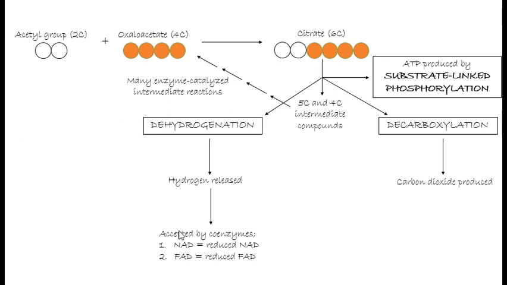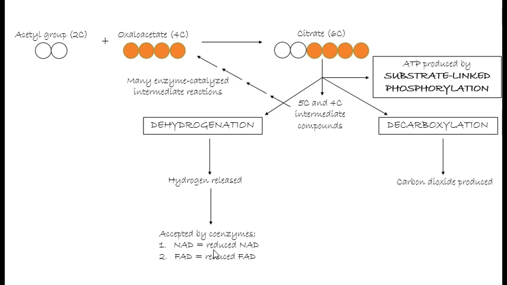So the first coenzyme is the one that you are already familiar with, that is NAD. And as I said before, according to chemistry, whenever a compound gains hydrogen, it becomes reduced. And therefore, when NAD gains hydrogen, it becomes reduced and forms reduced NAD.